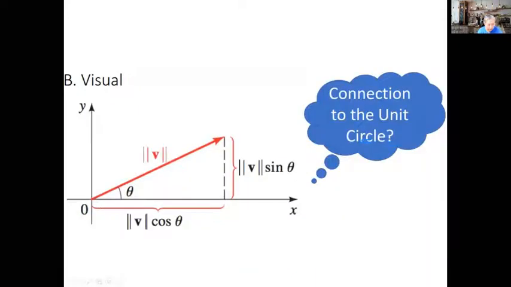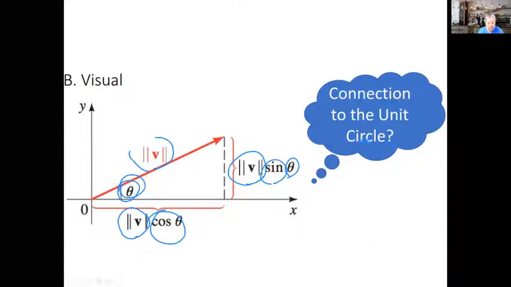The next slide sums it up here. With the magnitude of the vector, the horizontal component is the magnitude times cosine of the direction angle, and the vertical component will be the magnitude times sine of the direction angle.